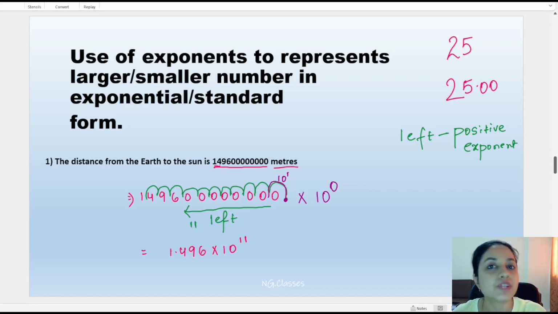Now again, when we shift the place of the decimal towards the left, one more place like this, it became 10 to the power 2. Similarly, here it became 10 to the power 3. Here it became 10 to the power 4. And like this, we got 10 to the power 11 over here. And hence, we end up getting 1.496 times 10 to the power 11.